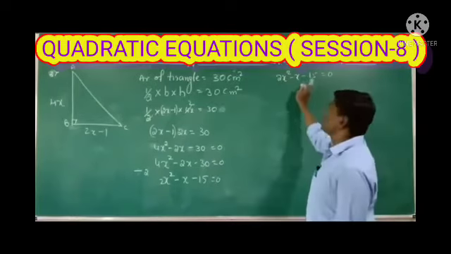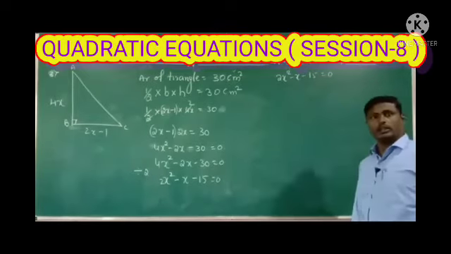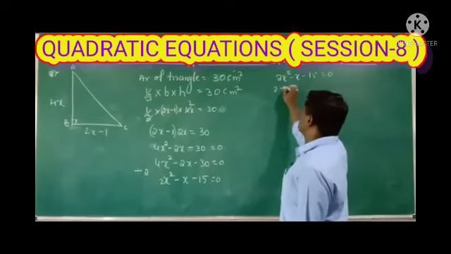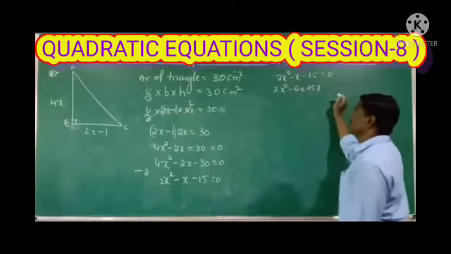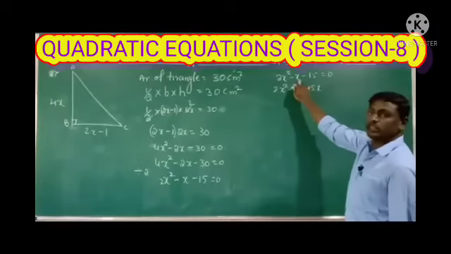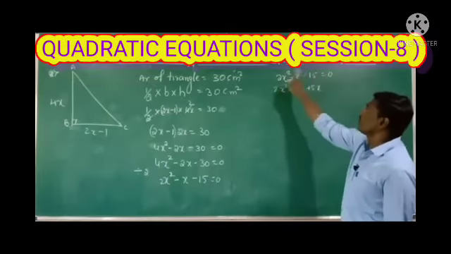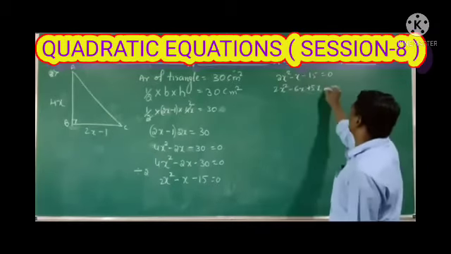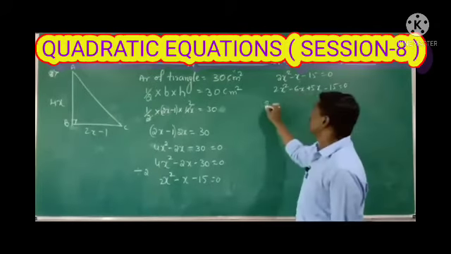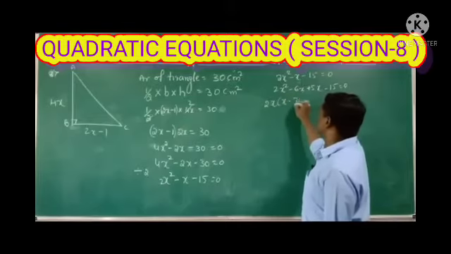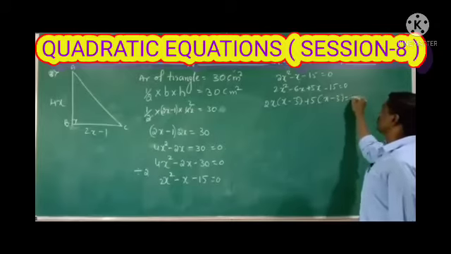Now split the middle term or simplify this quadratic equation with the help of the quadratic formula. 2x square minus 6x plus 5x. Minus 6x plus 5x is nothing but minus x, and the product of these two is equal to the product of the first term and last term, minus 15, which is equal to 0. In the first two terms, what do I have to take common? 2x, x minus 3. In the last two terms, plus 5 is common, so x minus 3, which is equal to 0.